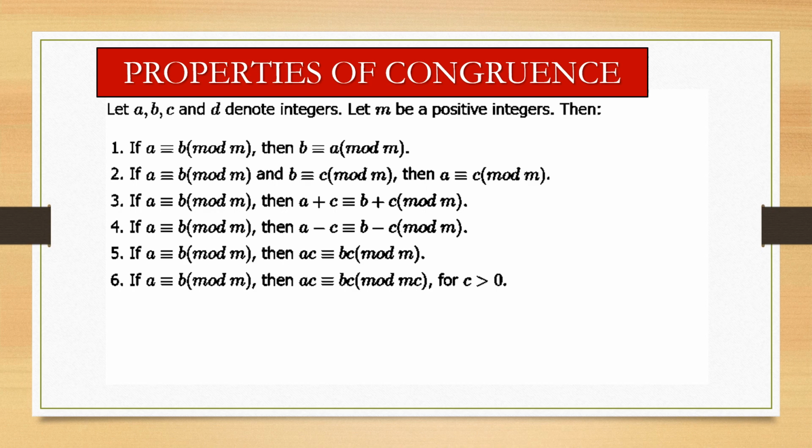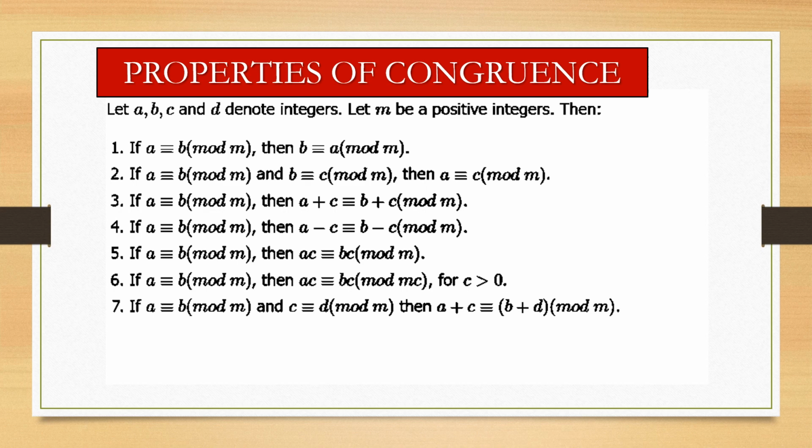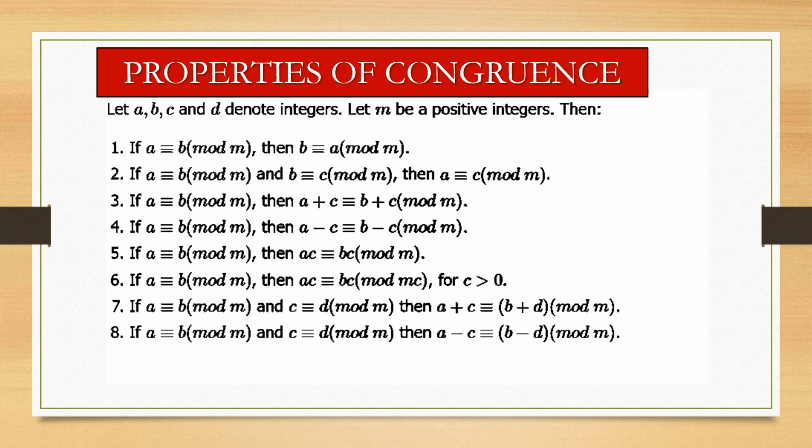If a is congruent to b modulo m and c is congruent to d modulo m, then a plus c is congruent to b plus d modulo m. If a is congruent to b modulo m and c is congruent to d modulo m, then a minus c is congruent to b minus d modulo m.